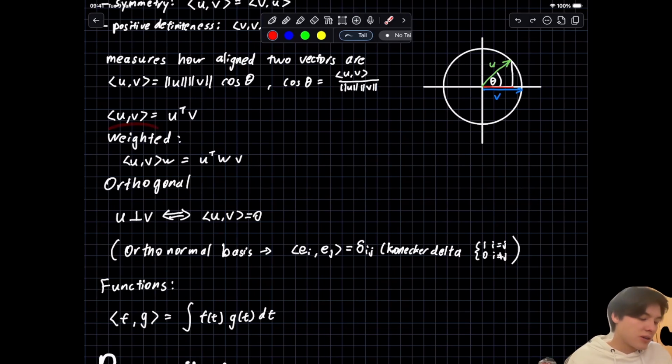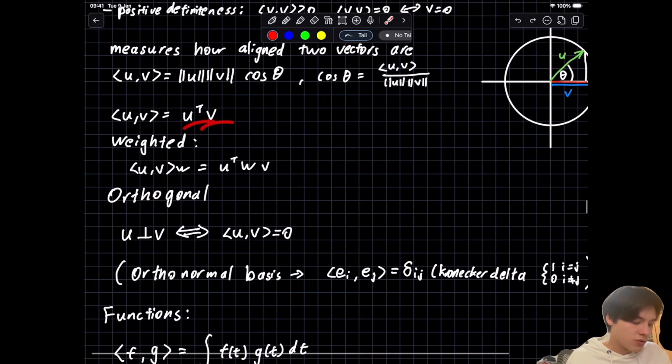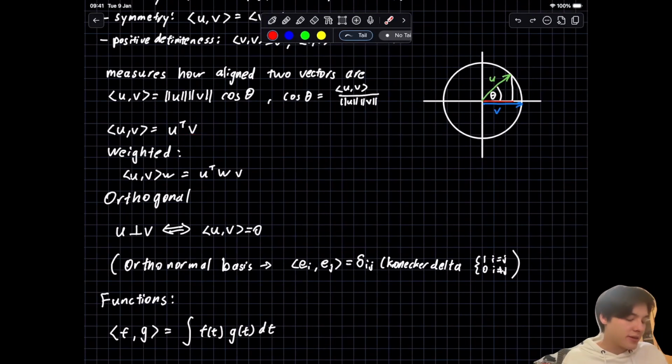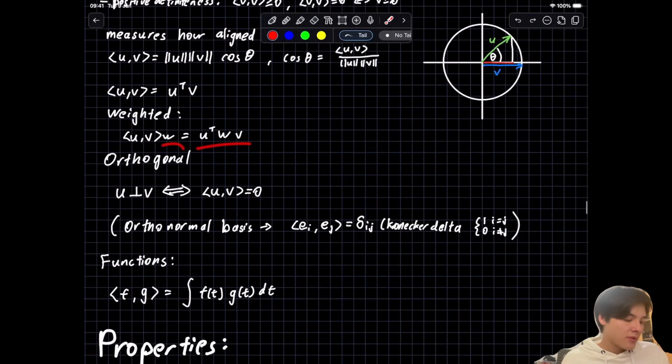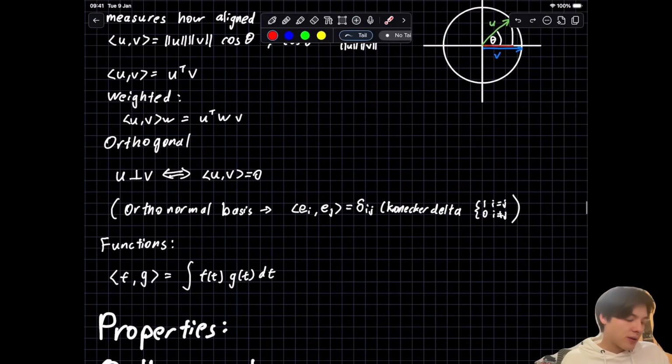So yeah, the dot product is like this, u transpose times v. Usually you can have weighted dot products. If u and v are orthogonal, then it equals 0. So if it's like this, then they don't influence each other.